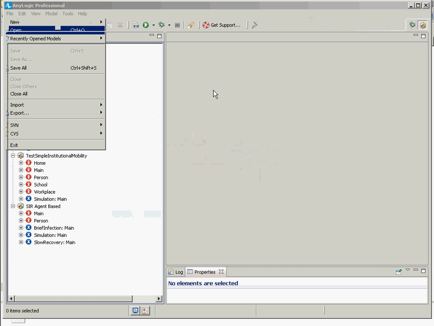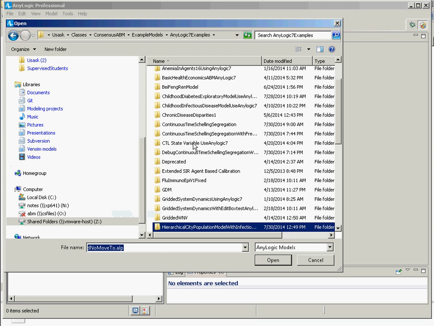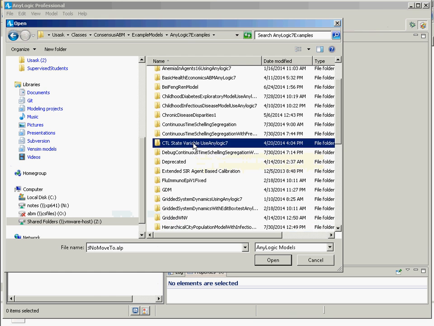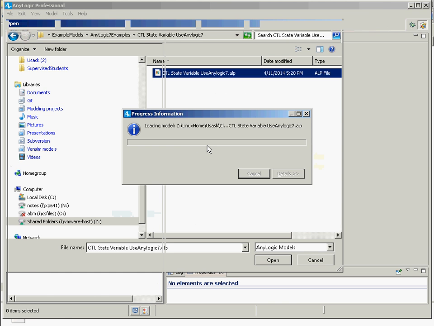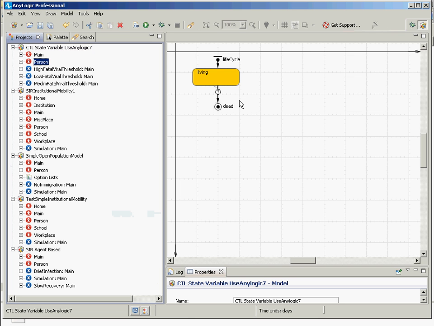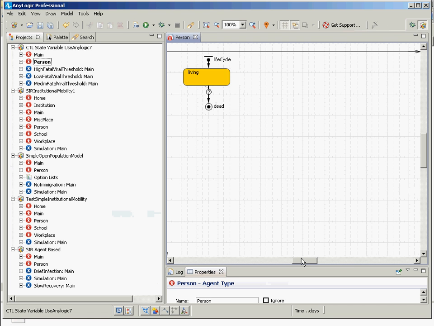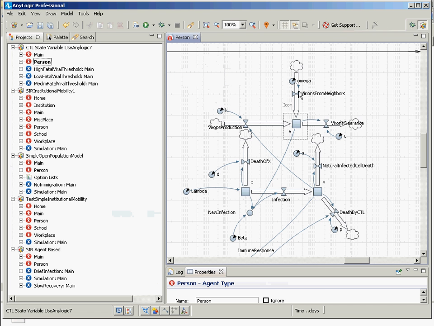It depicts a situation where agent dynamics are characterized using stocks and flows. Specifically, you see here a person is defined, and their evolution is defined according to a state chart, but also according to a series of stocks and flows.